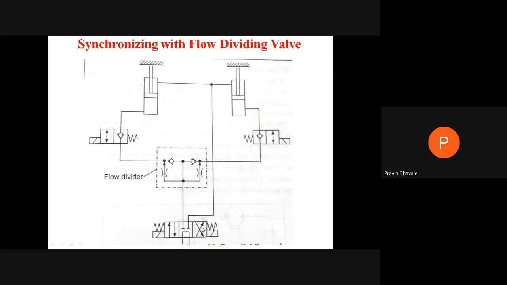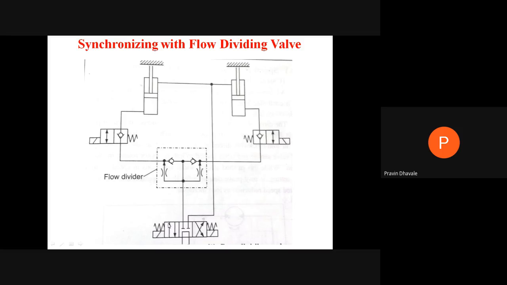There are 3 positions: solenoid operated, spring return, 4-port 3-position, right? When this is in the central position, it will be the off position or null position, where the pressurized fluid from the pump will be passed to the tank, returned to the tank.